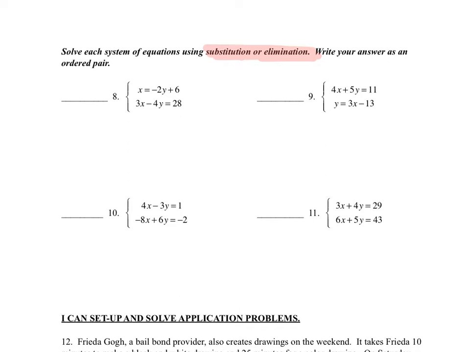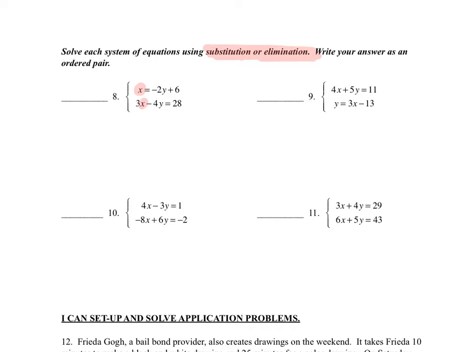For number 8, I'm going to go ahead and pick substitution because I already have x by itself. So I'm going to substitute -2y plus 6 in for x into the second equation.